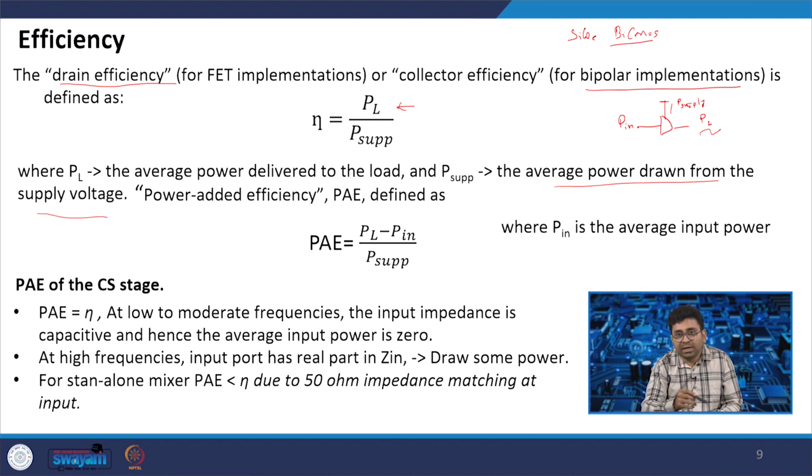Because in the last example we have seen that some of the power is provided by the driver stage, that is P in. So, P L minus P in by P supply.